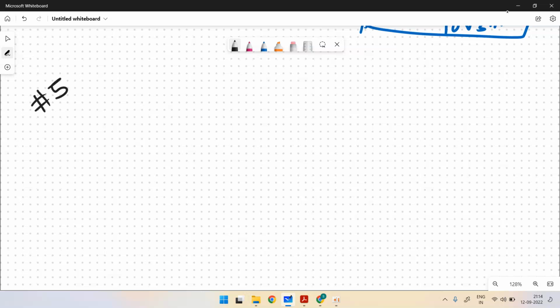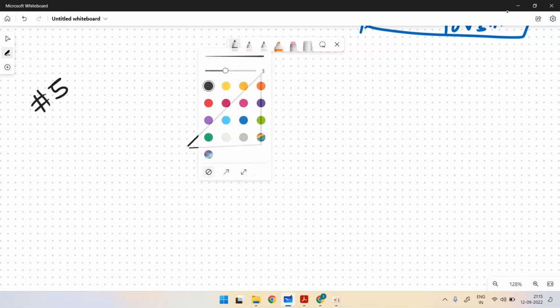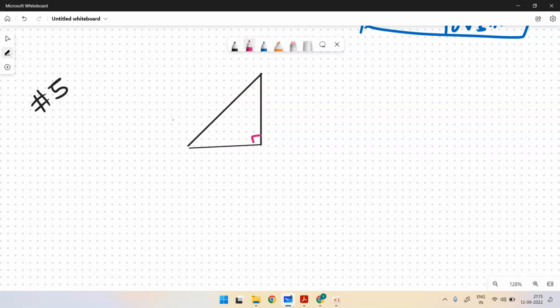So in that, this angle is 90 degree, this is 60 degree, and the height at which the kite is flying is given to be 60 meters.